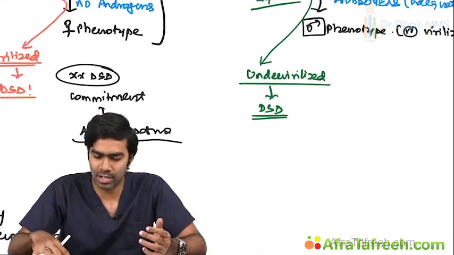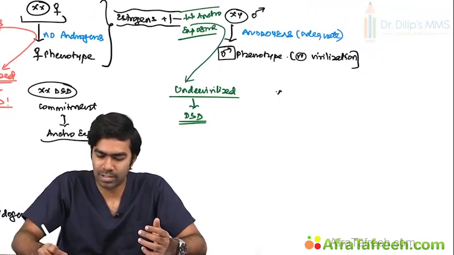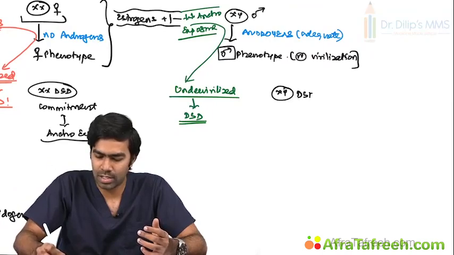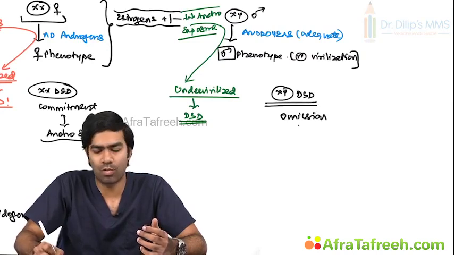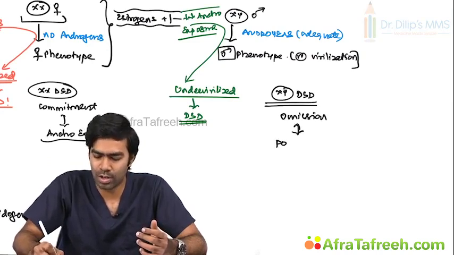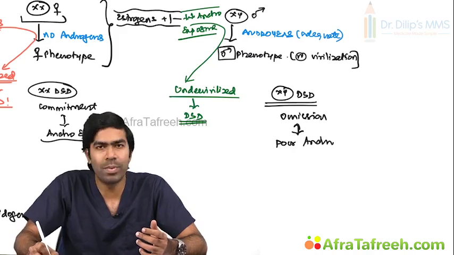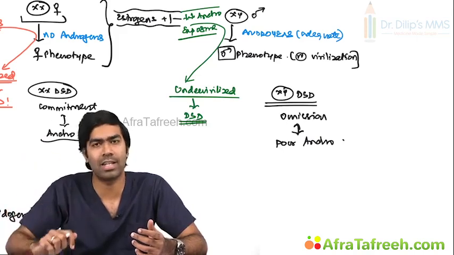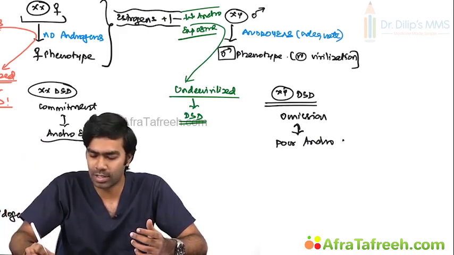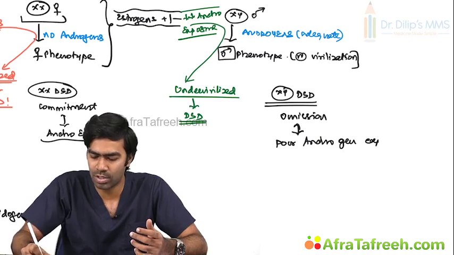So that is the reason I tell, if you want to develop an XY DSD, it's always an act of omission. What I mean by an act of omission here is poor androgen exposure, which means you are omitting the androgens here. There you are committing with the androgens in XX DSD, whereas in XY DSD you are omitting the androgens, which means poor androgen exposure.